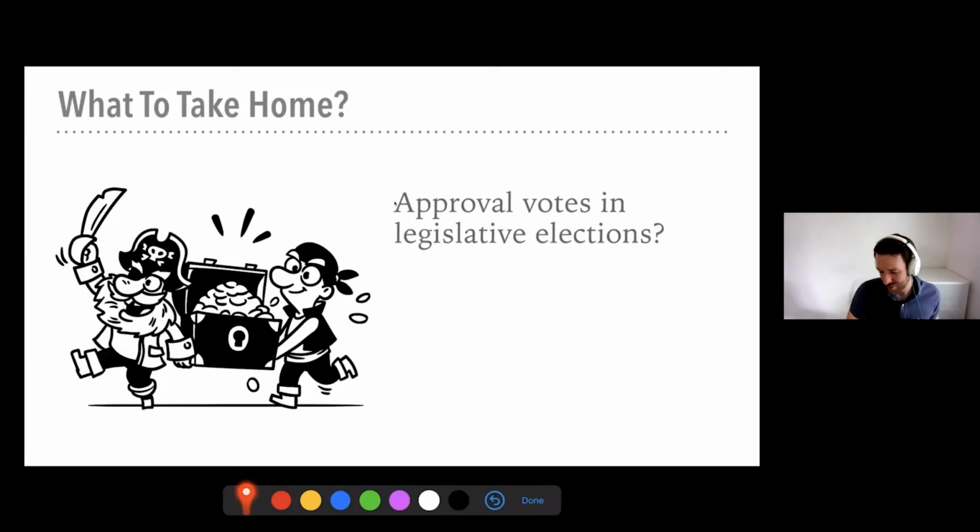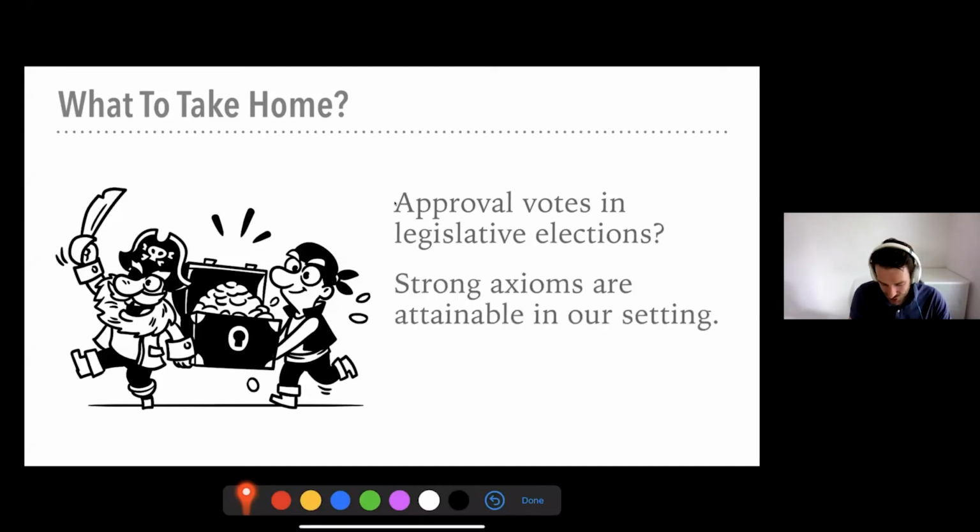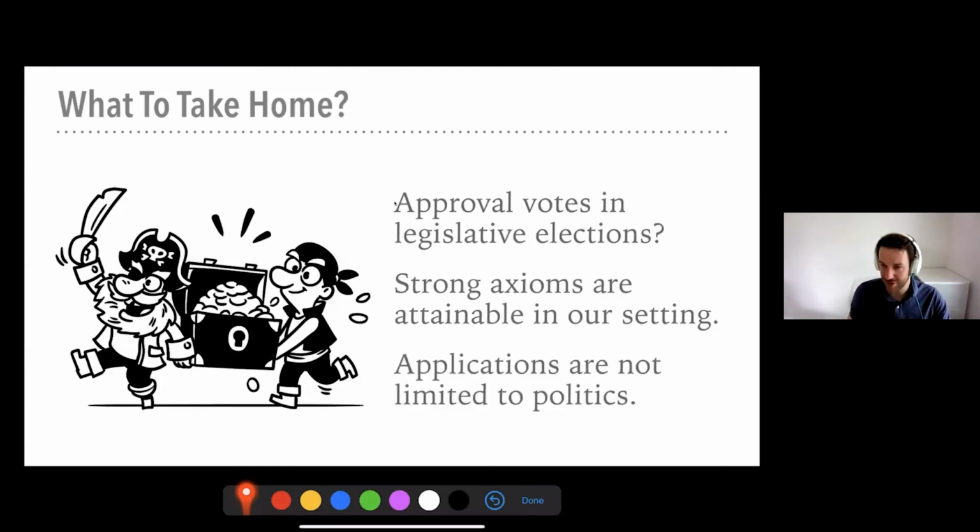But surely there are other applications that are interesting, since it's such a mathematically elegant setting. We have shown that in this setting, strong axioms are attainable that are at least not known to be attainable in the more general, well-studied setting. And so applications are probably not limited to politics. That's the end of my talk, and I'm looking forward to questions. Thank you, and sorry again for the interruption.